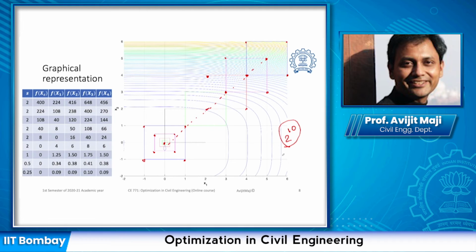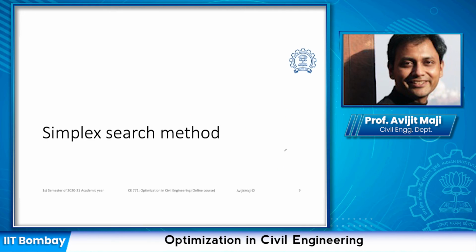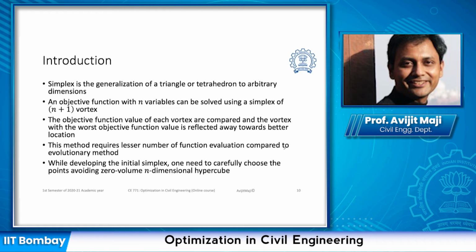There is another method which can use fewer objective function evaluations and use the pattern to some extent to reach the optimum solution, and this method is known as the simplex search method. A simplex is the generalization of a triangle or tetrahedron to arbitrary dimension.